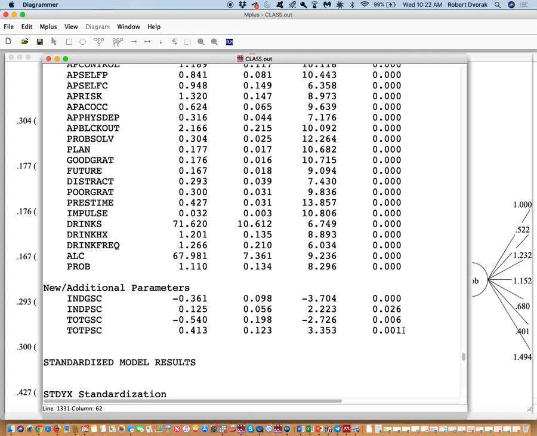So this is why it's important to sometimes check your code against model constraint, or against model indirect if you can. You will get to a spot where you can't. Like right now, we can't run model indirect, right? Okay, so we've run this, we've double checked our indirect effects, all of that looks good.